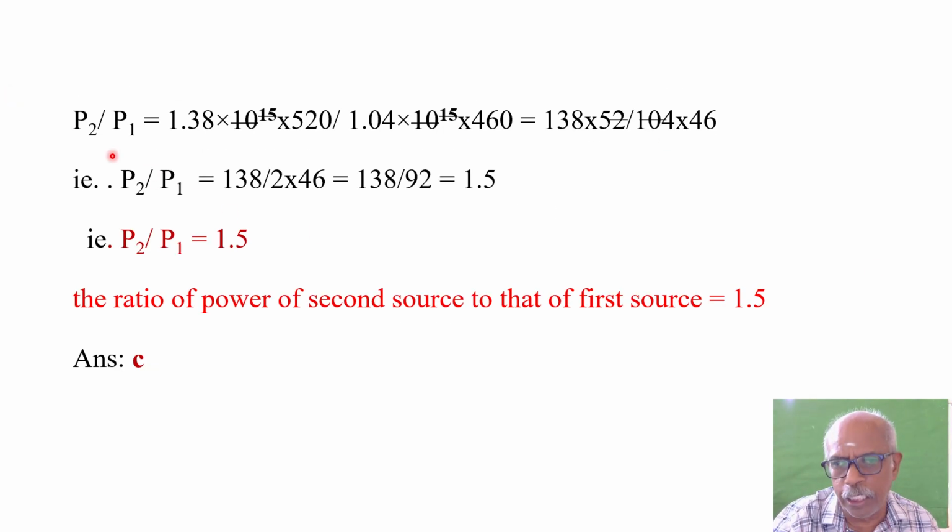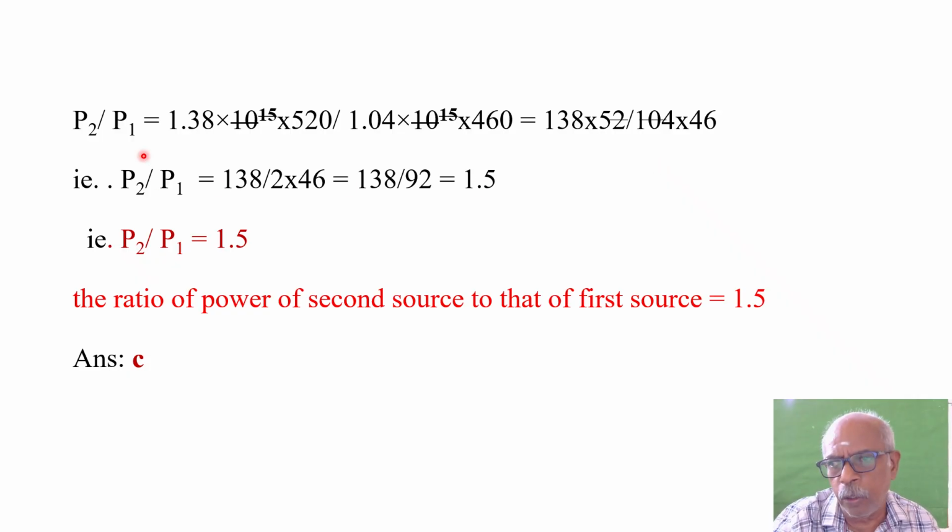So P2 by P1 is equal to 1.38 into 10 power 15 into 520 divided by 1.04 into 10 power 15 into 460. 10 power 15 gets cancelled. So here you have 1.38, you write it as 138, there is no harm in it. But you must also write 1.04 as 104. It will be somewhat easy.